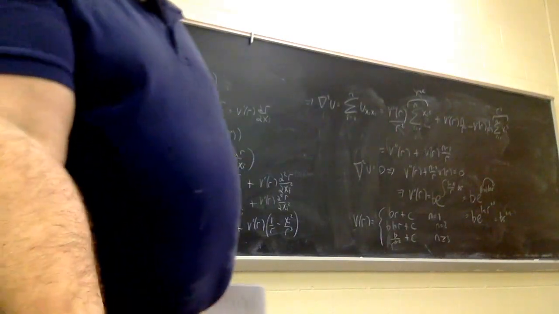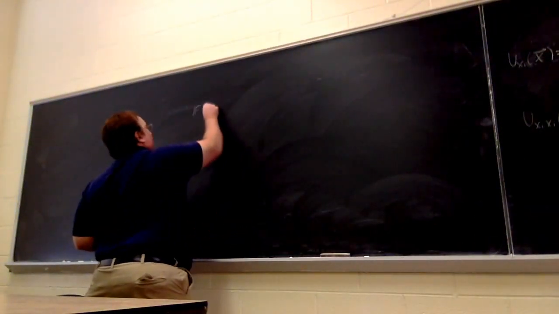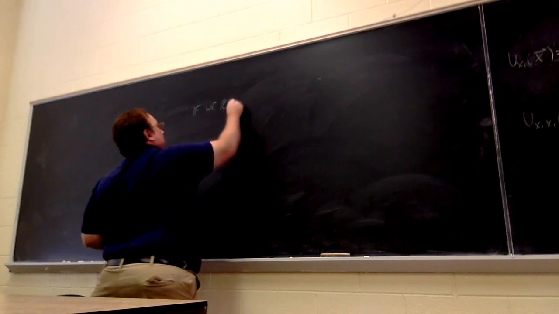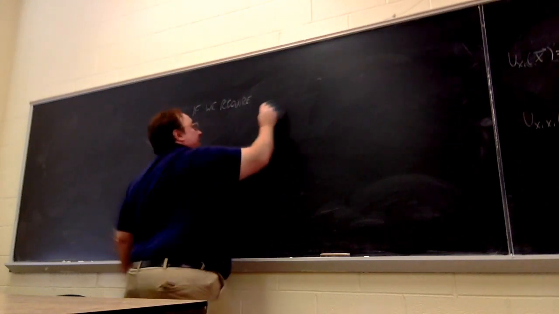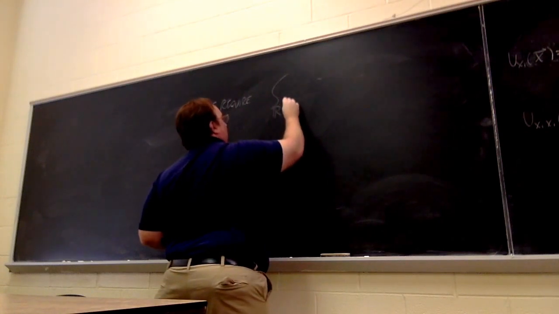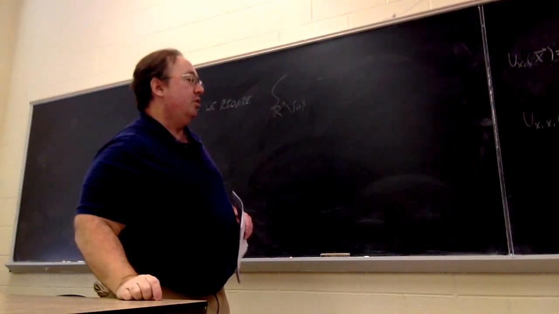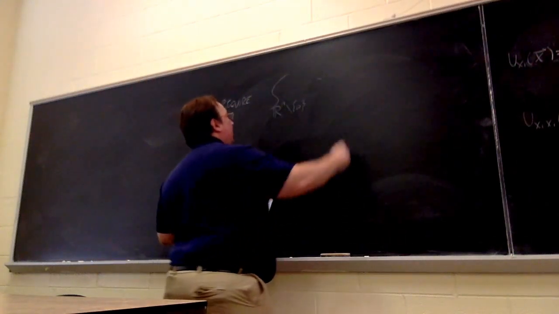So I'm going to impose an additional condition. If we require that the integral over the whole space, well, we have to exclude the origin because that presents some problems.